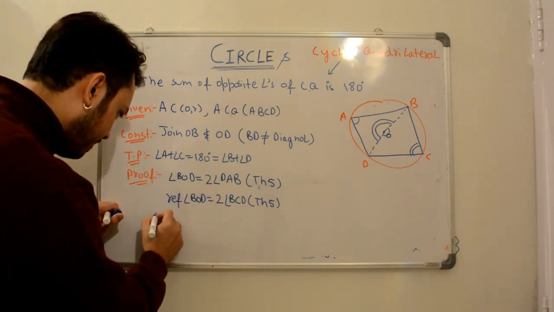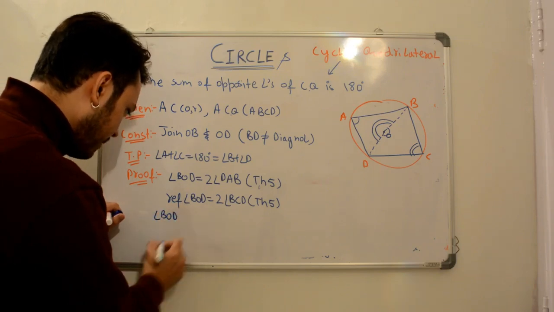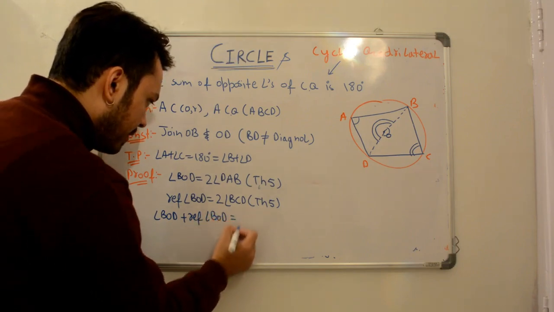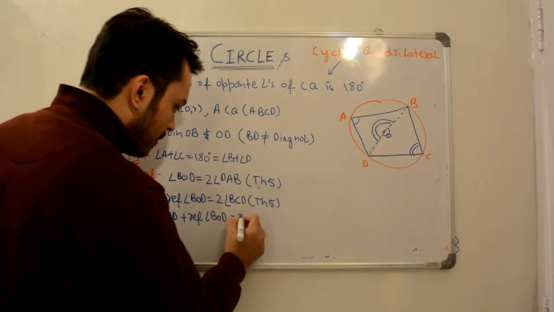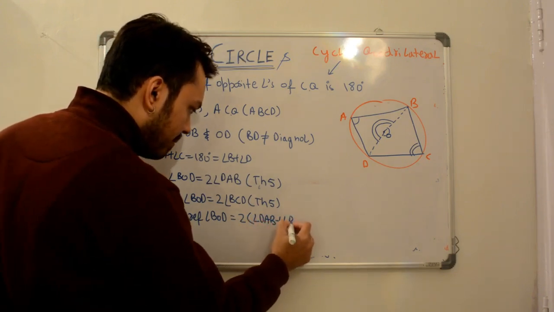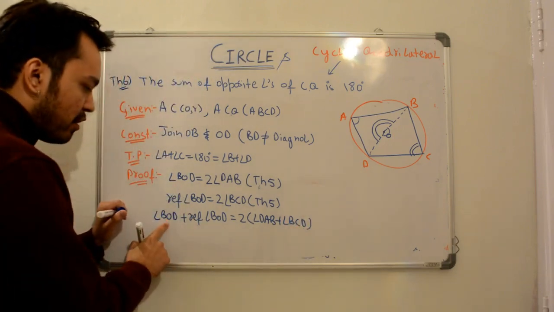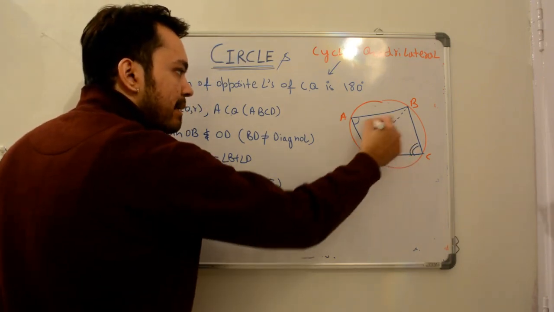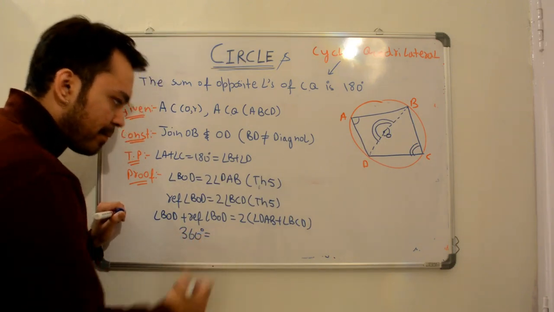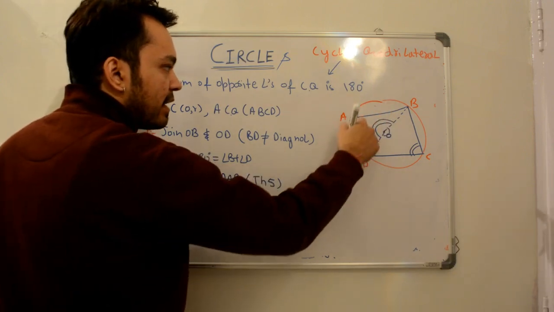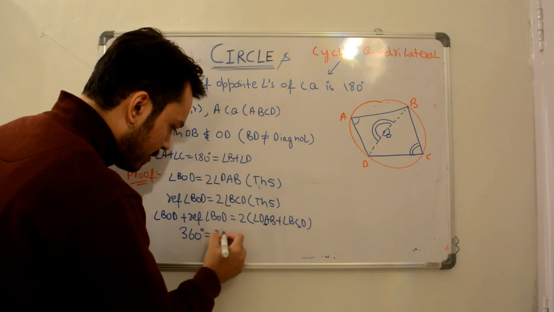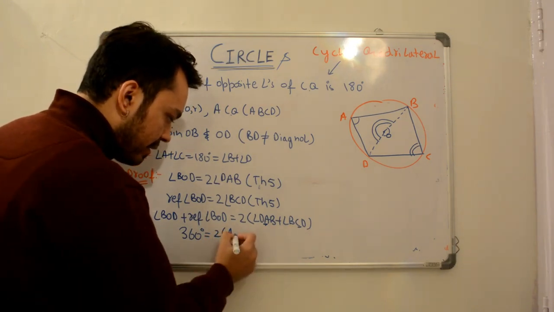Now what we have to do, we have to simply add them. Now we write angle BOD plus reflex angle BOD, right? We take 2 common and we write angle DAB plus angle BCD. BOD plus reflex angle BOD, which means complete angle BOD, will give us how much? 360 degree, right? Angle DAB can be written simply as angle A, that is the vertex which is coming in the center, twice of angle A, right?